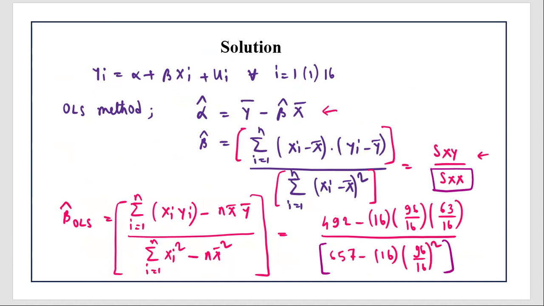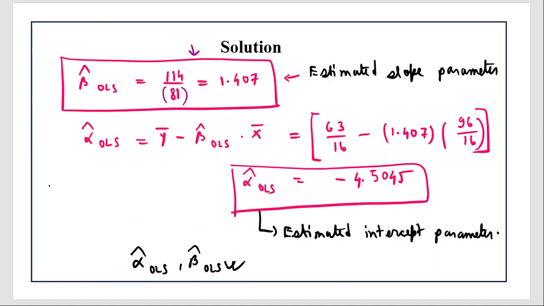Firstly, from the formula you derive a form you can work with. I have converted the formula in this fashion and then put in the values. You will get the estimated values of alpha cap and beta cap, the estimated intercept parameter and slope parameter of your model.